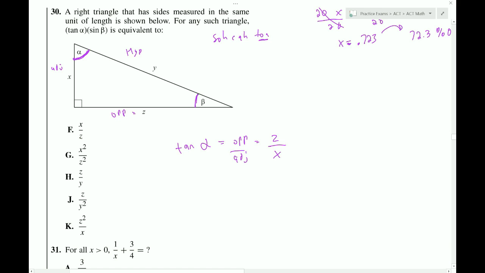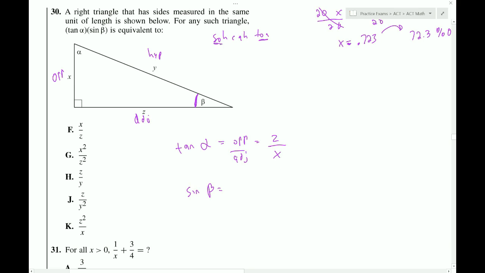Next, we have to look from the perspective of beta and find the sine of beta. I'm going to erase these so they no longer apply when we're looking at beta. From beta's perspective, this is the opposite side, this is the adjacent, and this is the hypotenuse.